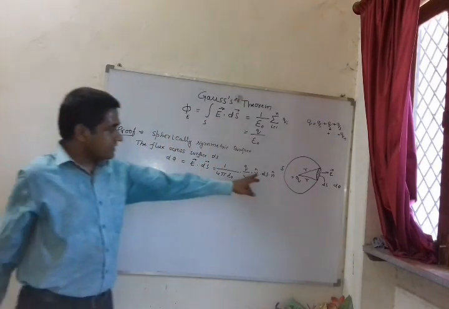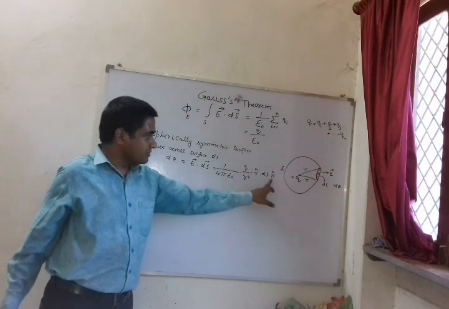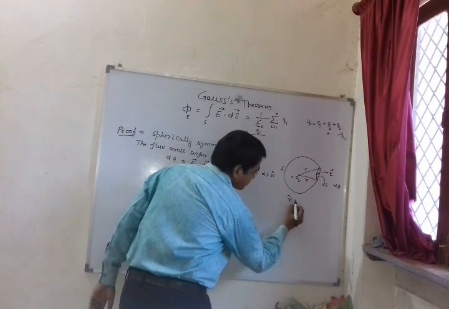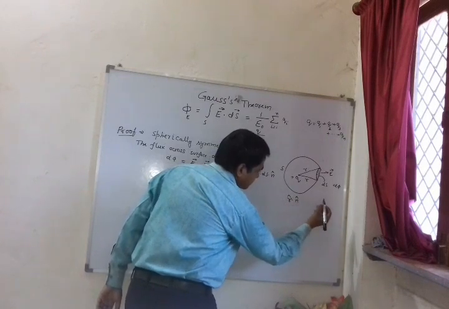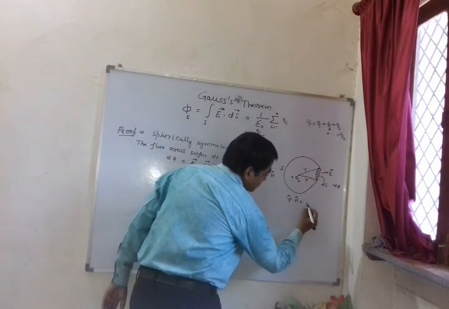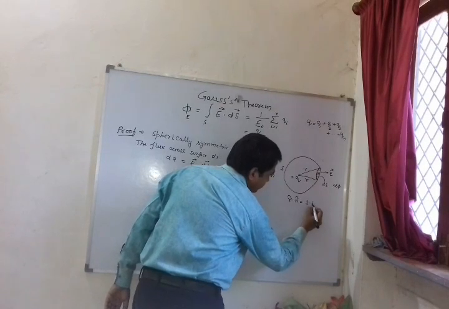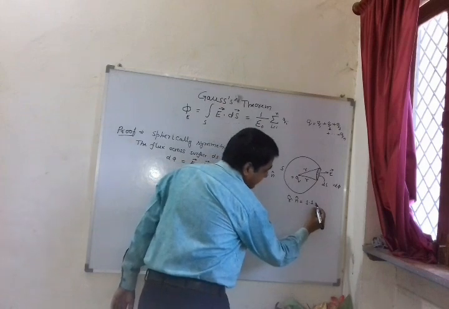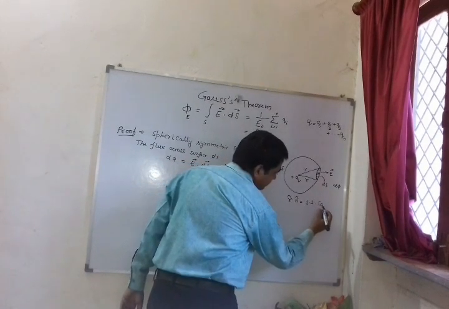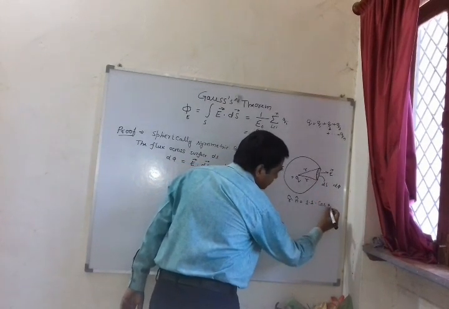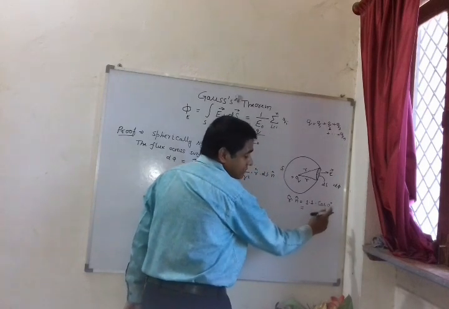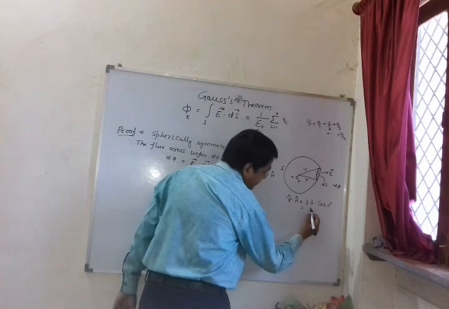Now consider the term unit vector r dot unit vector n. This will be equal to 1 into 1, the magnitude of a unit vector is 1, and the angle between them is 0, so cos 0. The value of cos 0 is also 1.